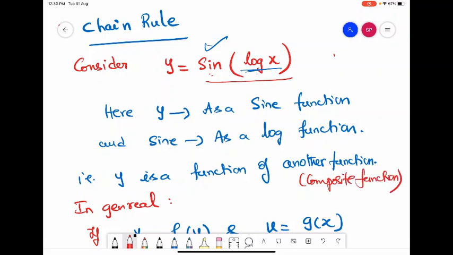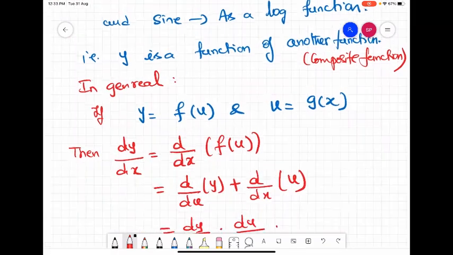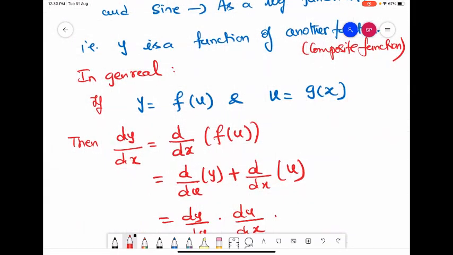Function of a function. So then how do we differentiate? We'll write it like this. y is equal to f of u, where u is again another function, a function of x. Then how do we do this differentiation? y is a function of u and u is a function of x.